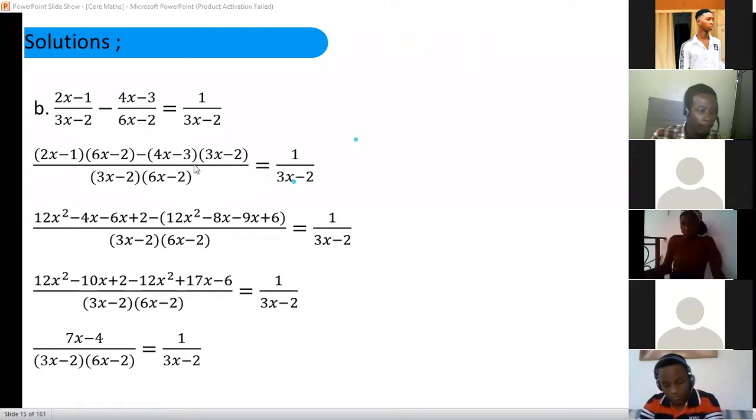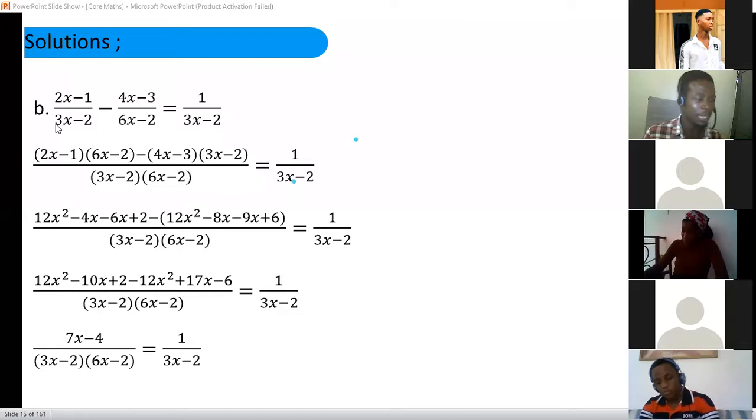Okay. I am saying that if you want to simplify this binomial, there are fractions. Like how we do it in algebraic expressions, addition and subtraction of fractions, we take the LCM first. That is the first thing we need to do. The LCM here is found by multiplying the two denominators.